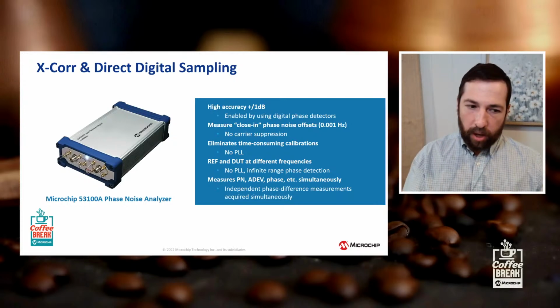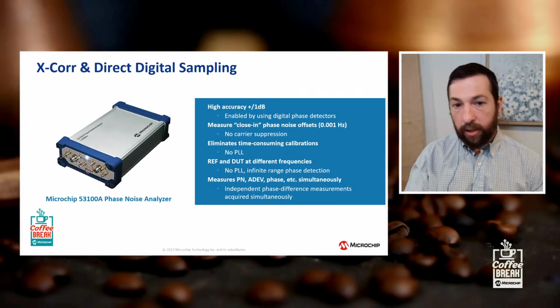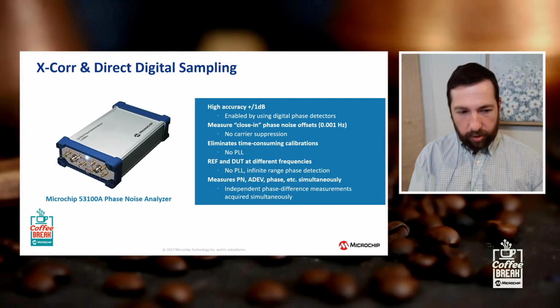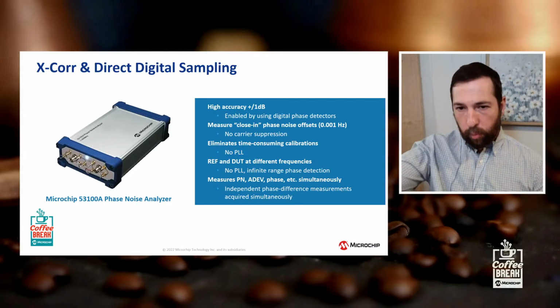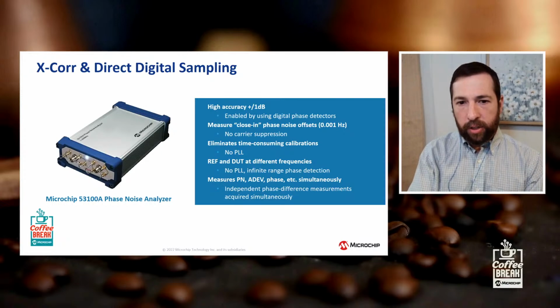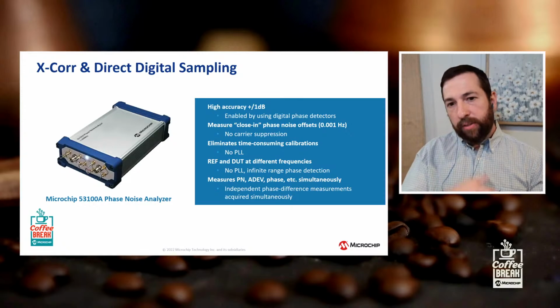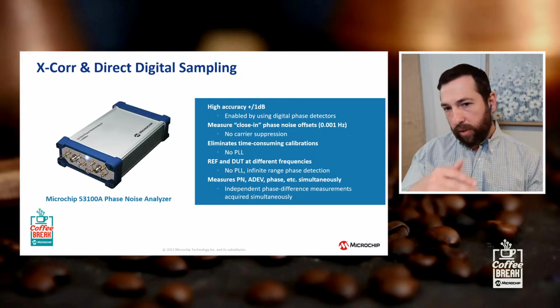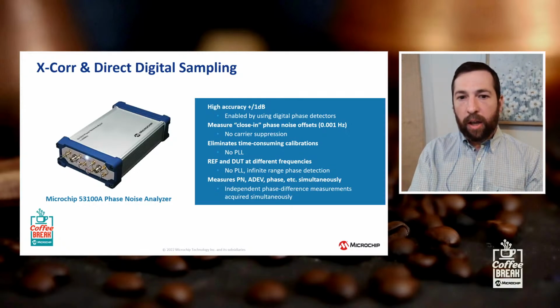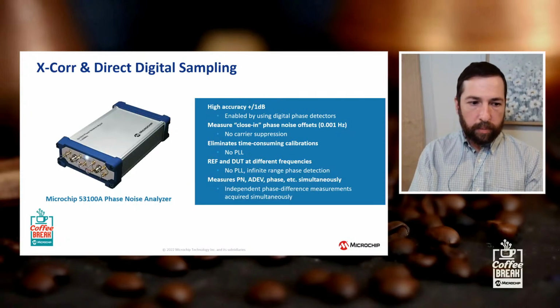You don't have to worry about phase locking your reference and your device under test. Again, you can have a single reference oscillator and measure everything from 1 to 200 megahertz in that range. Not only that, along with phase noise, it's taking phase difference measurements. So it's a frequency counter, and you can take other important telecom metrics and measurements like Allan deviation and MTIE, etc. So it's a powerful tool.